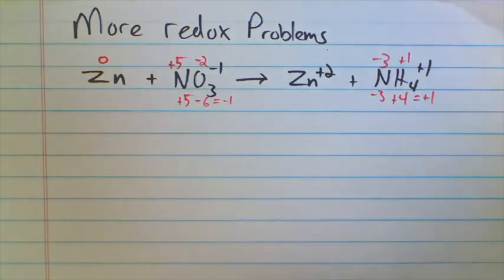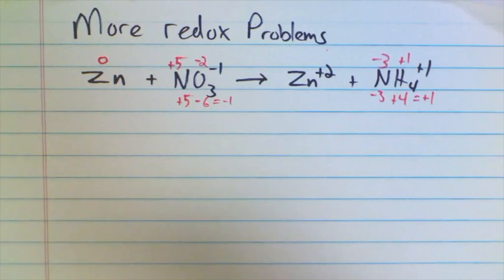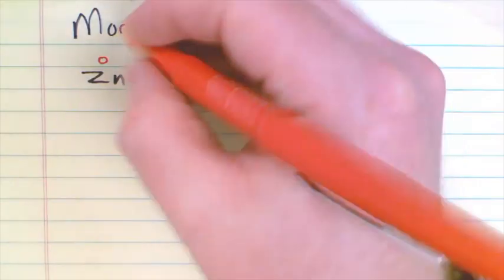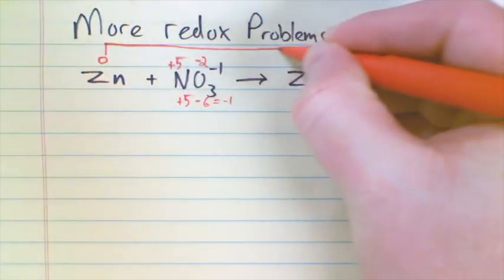And if you're following along with the steps, which I highly suggest you have out, we're on to splitting the reaction into 2 half reactions based on changes in oxidation numbers. So what's our oxidation reaction here? Zinc. Yeah, zinc is being oxidized. It's losing electrons, so its charge gets more positive.